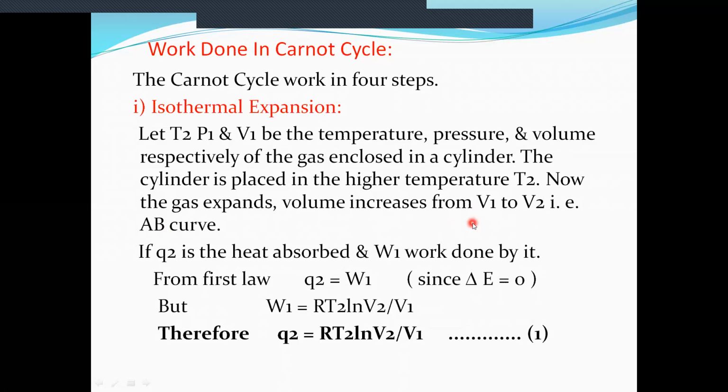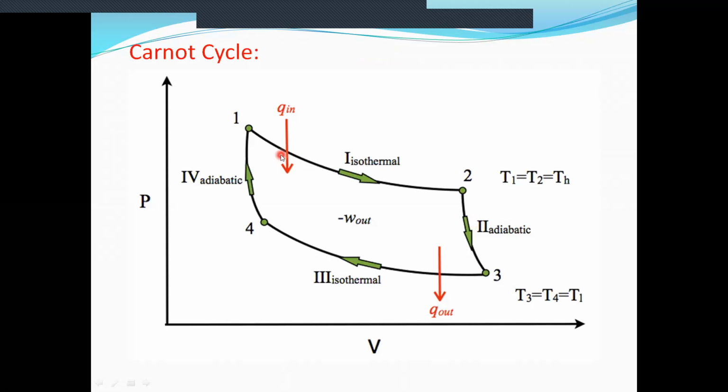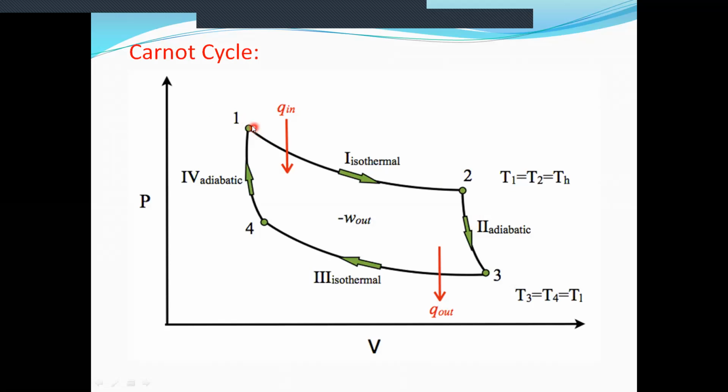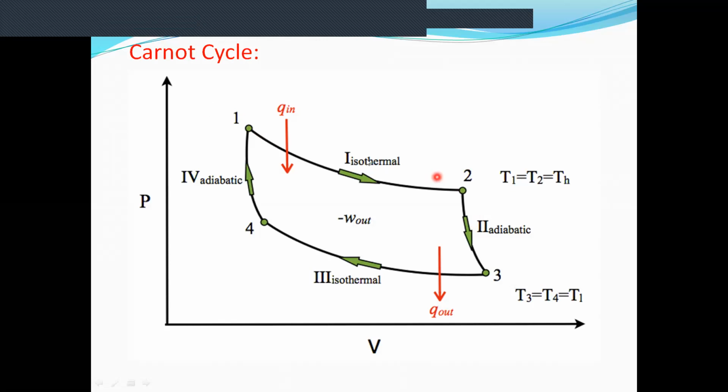In the previous diagram, I have given the numbers 1 to 2; you read 1 as A and 2 as B. So the AB curve, or 1 to 2 curve, is the isothermal expansion.